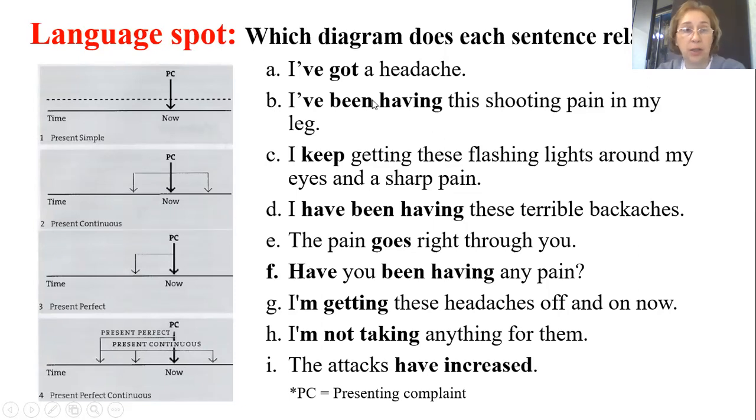And the task here is to match the sentences and the diagrams. The question, which diagram does each sentence relate to? So let us listen to Mohammed Ali. The first sentence, please, is for you.